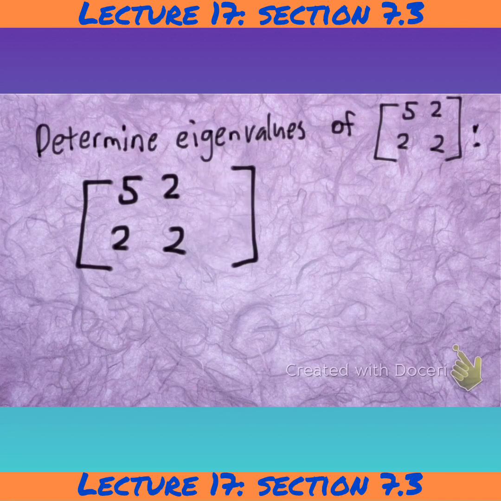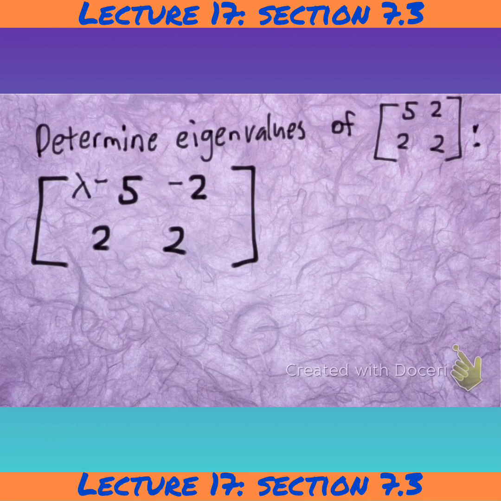All right, so that is going to become lambda minus, and then lambda minus. We want to find the determinant of that matrix to find the eigenvalues.